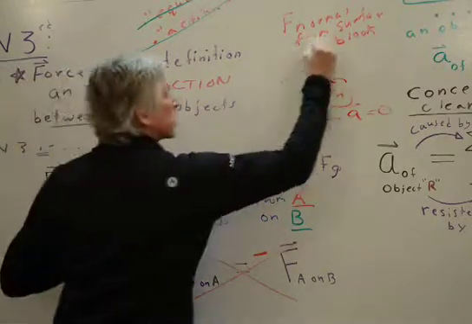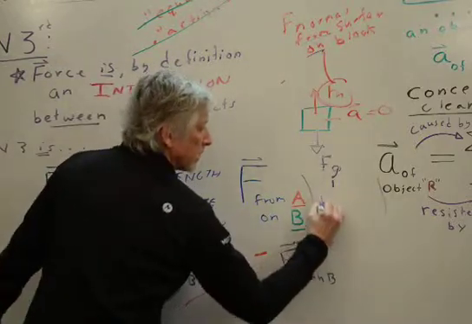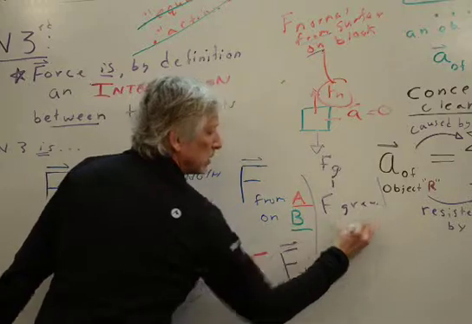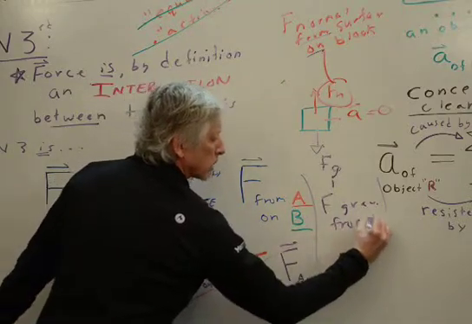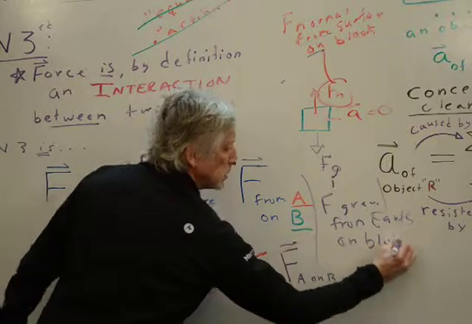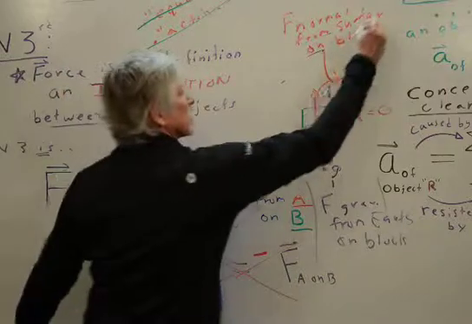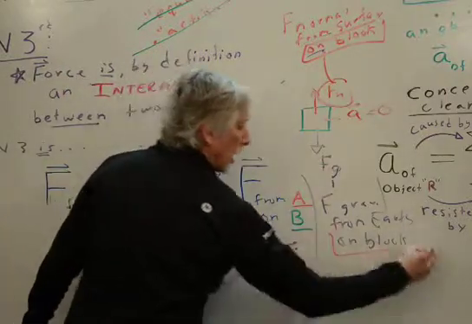That's from the surface on the block. And this guy here is the force gravity from all parts of Earth on the block. And the key here is that both of these forces are on the block.